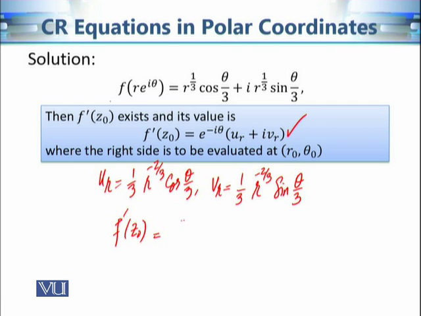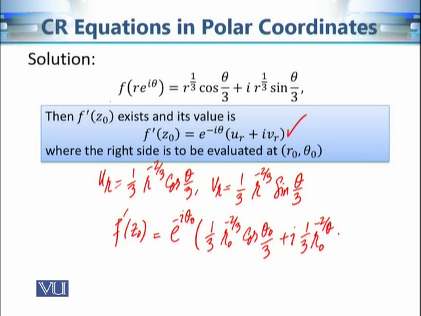So e raised to power minus iota theta naught, because we are calculating it at point r naught e raised to power iota theta naught. So this becomes 1 by 3 r naught raised to power minus 2 by 3 cosine theta naught by 3 plus iota 1 by 3 r naught raised to power minus 2 by 3 sine theta naught by 3. So this is the value of the derivative at point r naught e raised to power iota theta naught.